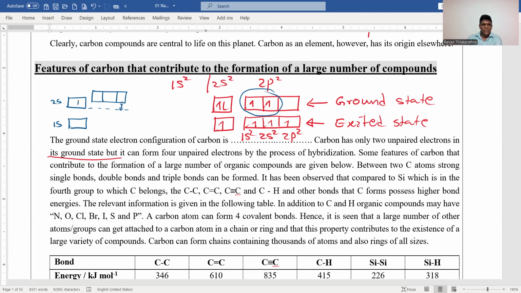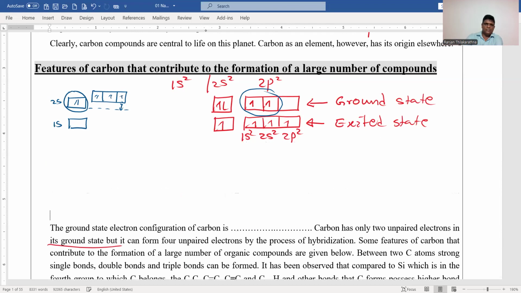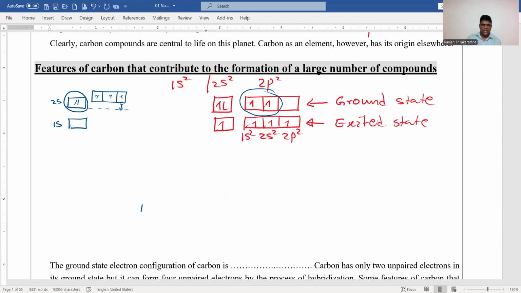Then, if this carbon forms bonds by using this 2s electron and 2p electrons, those bonds will be in different energy states. Why? Like this. We have 2s here, and I write 2p.